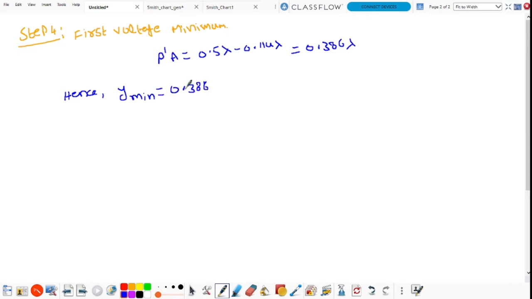But lambda is equal to 1.5 meters, the wavelength already calculated. So this is equal to 0.58 meters.